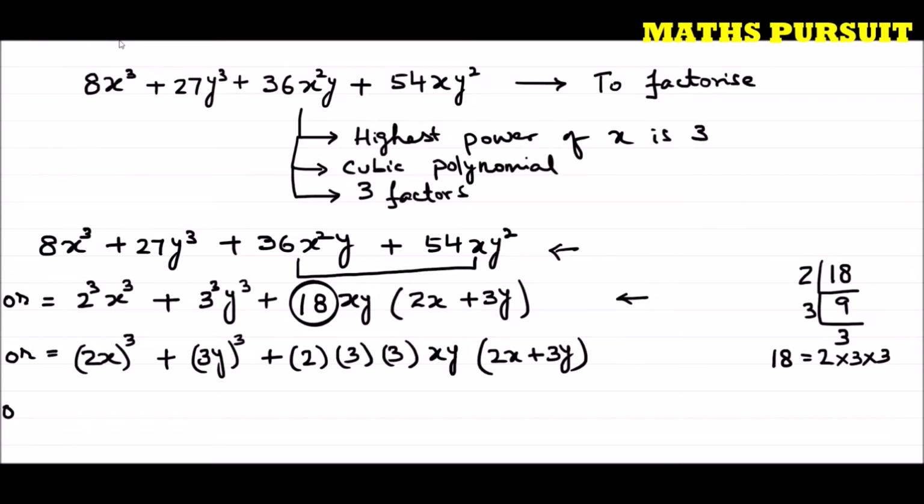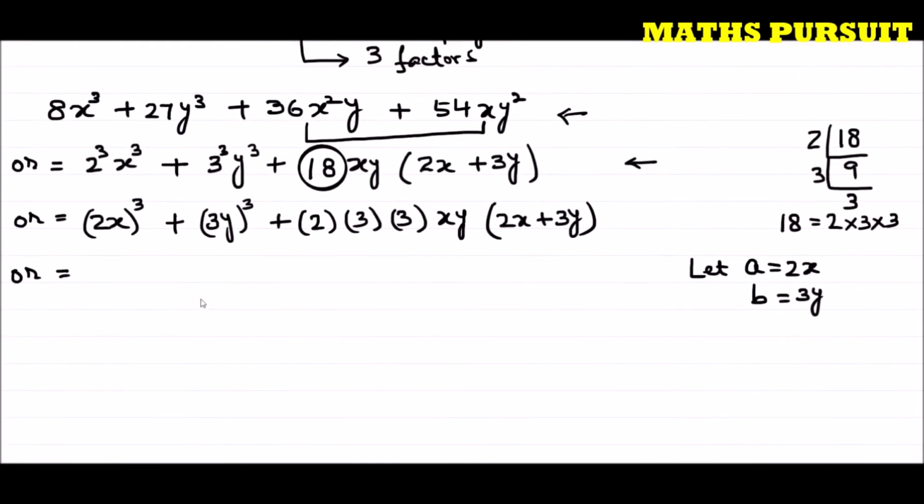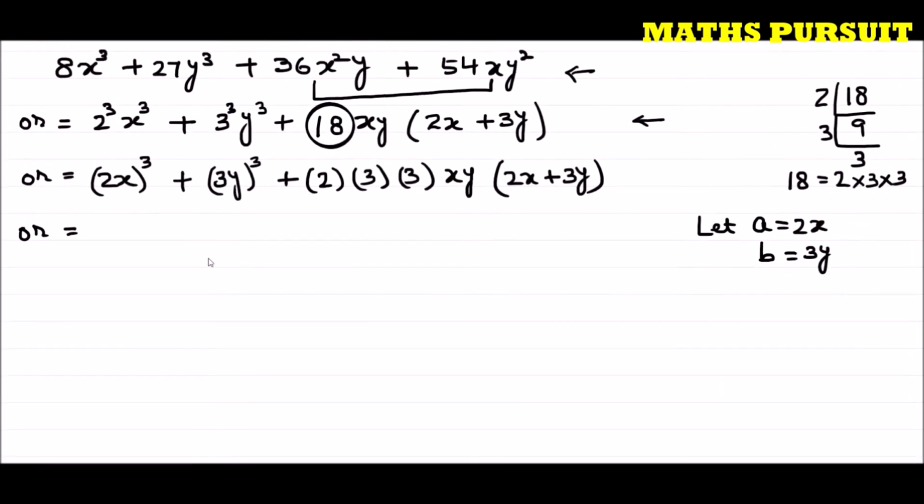Now let a be equal to 2x and b be equal to 3y. I'm just assuming this so that we will not get confused.